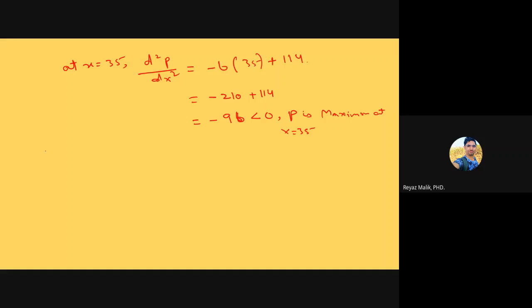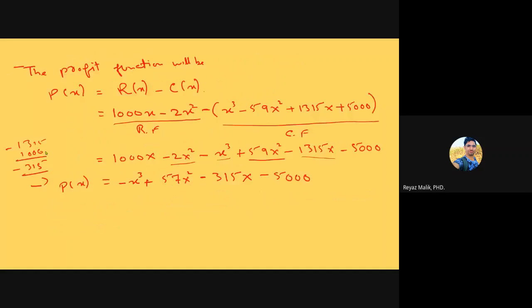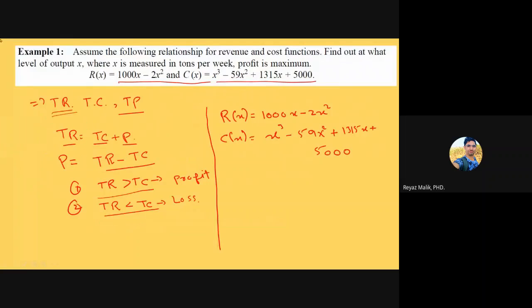We will not solve it for minimum, because the question asked is where x is measured in tons per week, profit is maximum. Find the level of output where profit is maximum. So I will solve it only for the maximum solution, because not much time is left. I will solve it in 1 minute.